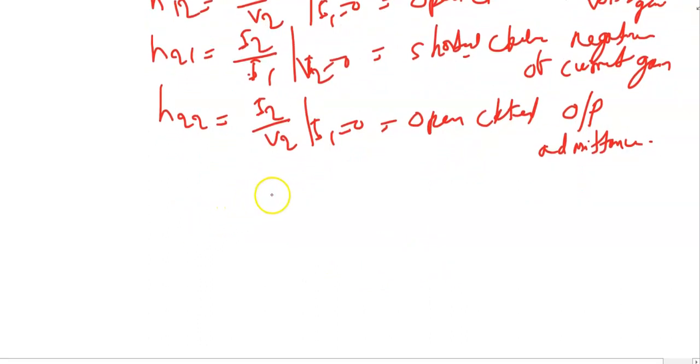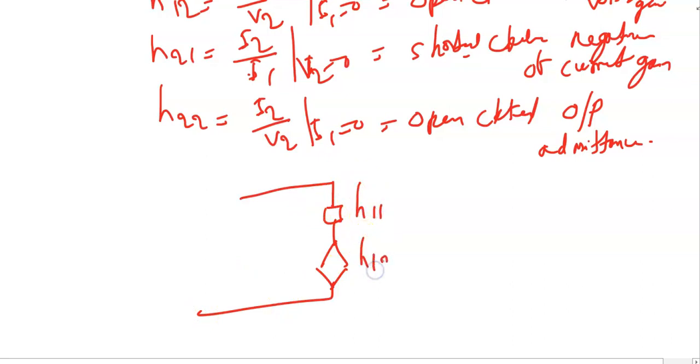So the equivalent circuit looks like this. This is your H11, this is your H12 V2, and this is your V1, and this is your I1.